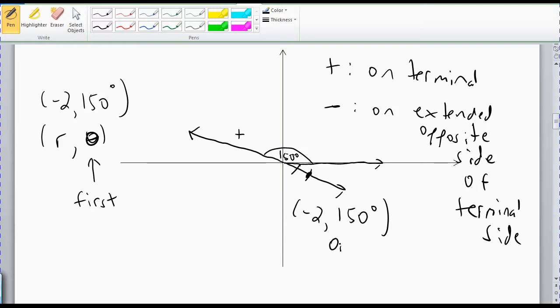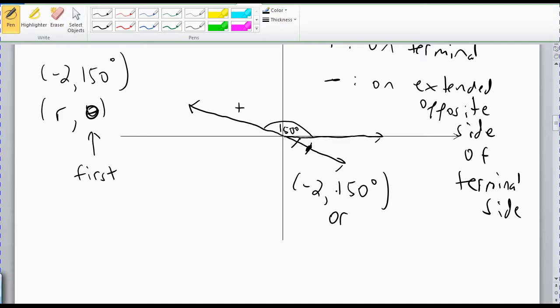Now I can also label this point in other ways. In fact, there's an infinite number of ways if we keep on going around the circle in either direction. So this time I want to go this direction, which means that our theta, instead of being 150 degrees that way, because that's counterclockwise, if I go clockwise, I'm now in the negative.